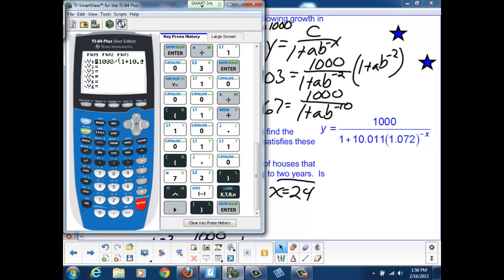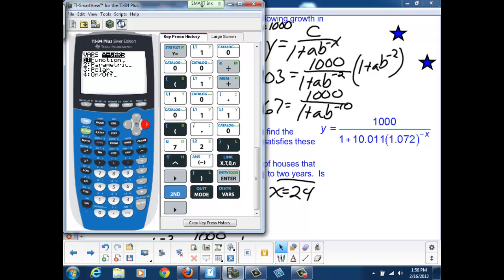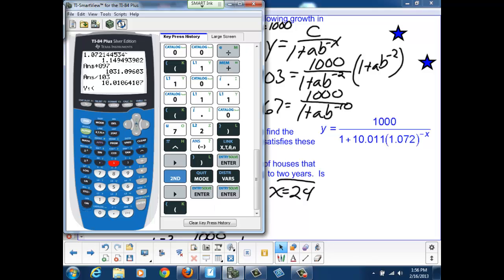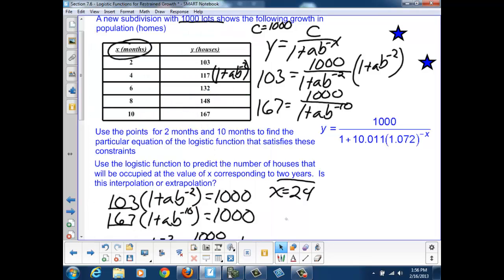So there is our function in our calculator. And now I'm going to go back and evaluate it using my vars, yvars, function y1 of 24. Here we go. 346 of our houses will be sold after 2 years. So y of 24 is approximately 346 houses.